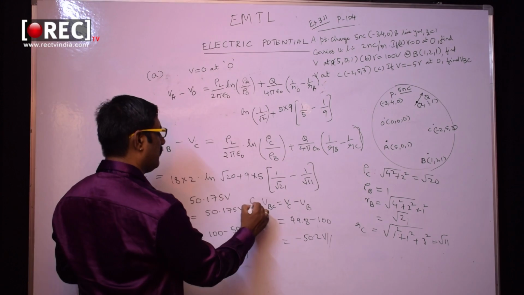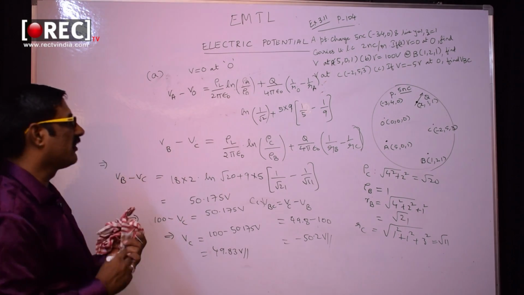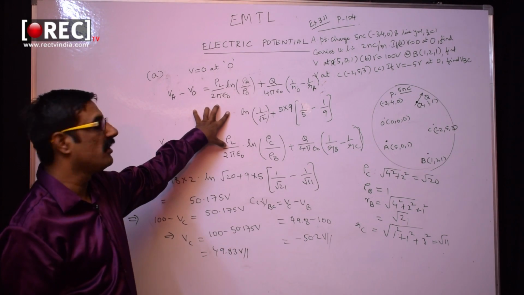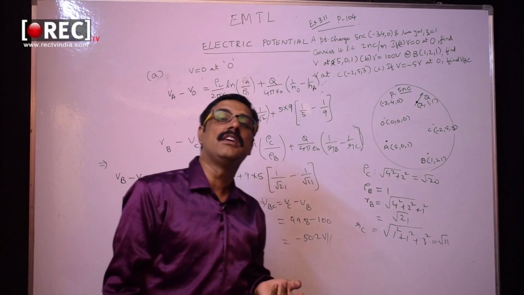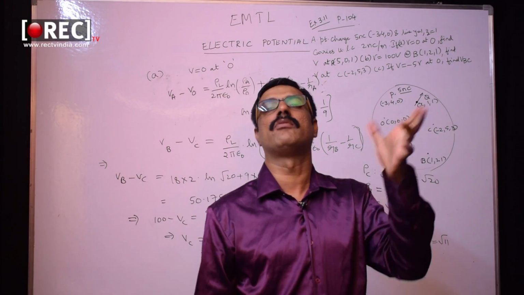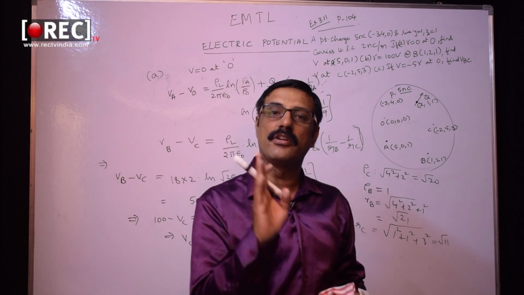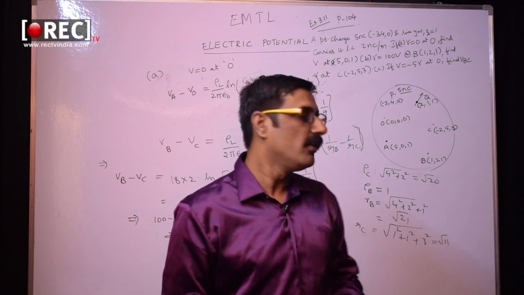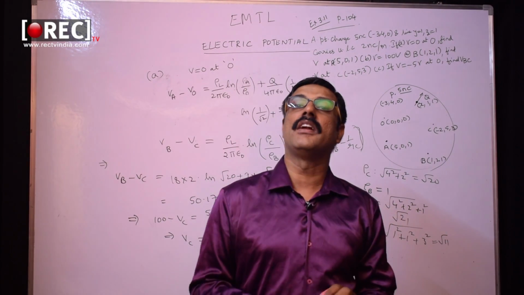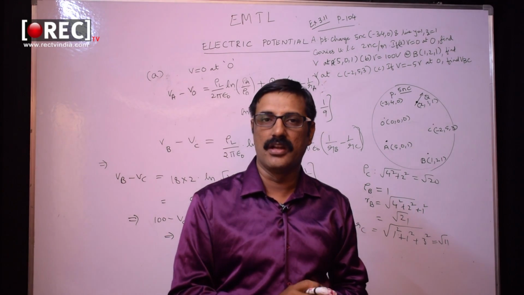So in this way we can determine the potential at any point which is conditionally given. That means if the potential is specified at one point, we can determine the potential at another point. This is a best example for a conditional potential problem.